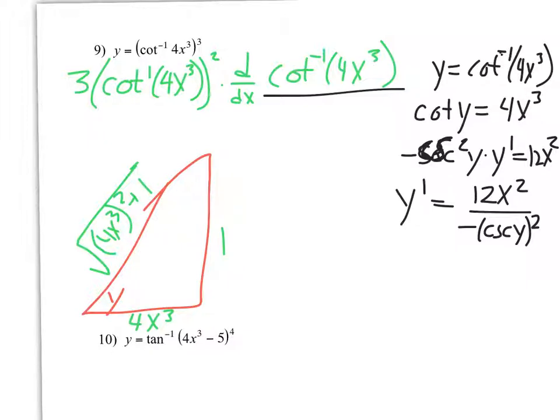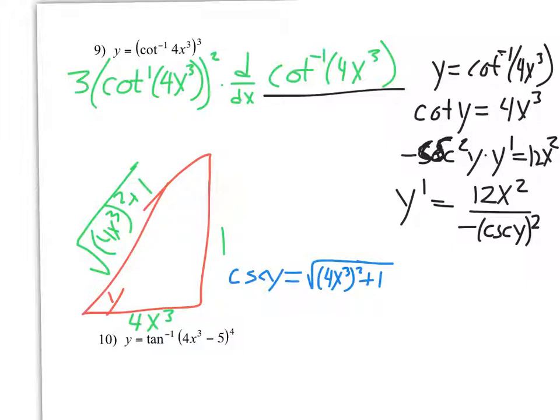Okay, cosecant is the reciprocal of sine, so we're dealing with hypotenuse over opposite. So cosecant of y is equal to the square rooty thing, which is going to be the square root of 4x cubed squared plus 1.